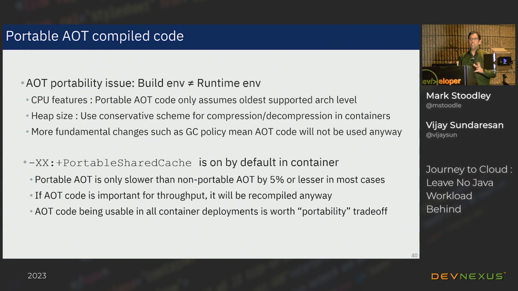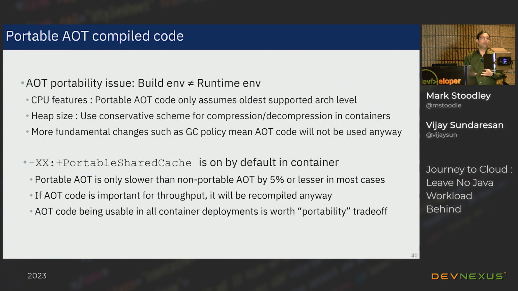Well, there are different aspects of differences here. Between the build environment and the runtime environment, you can have differences in the architecture level of the machines that you're running on. Maybe you're building on a new machine, but you're running on an older machine. In that case, you can crash if you're building on a newer machine and then running on an older one, because your code may have used some instructions that are not available in the deployment environment.